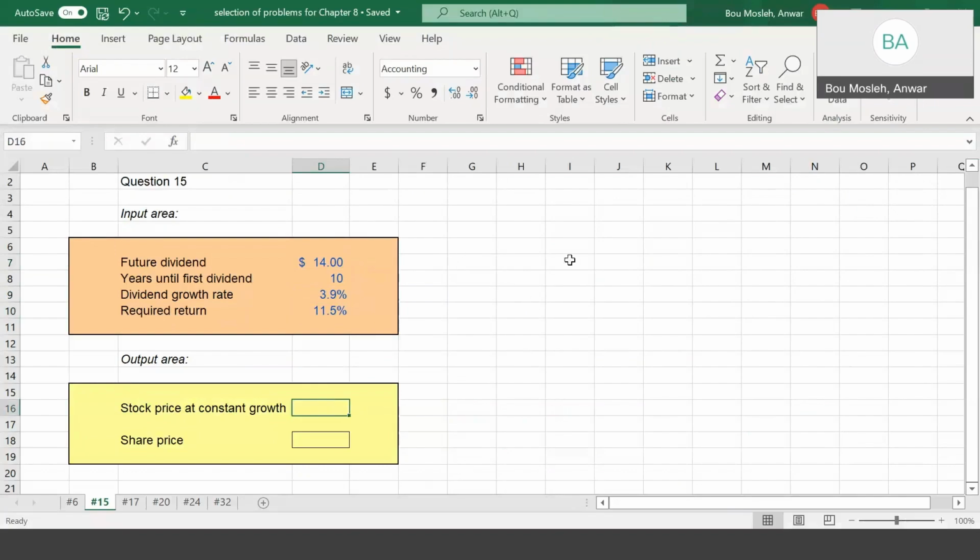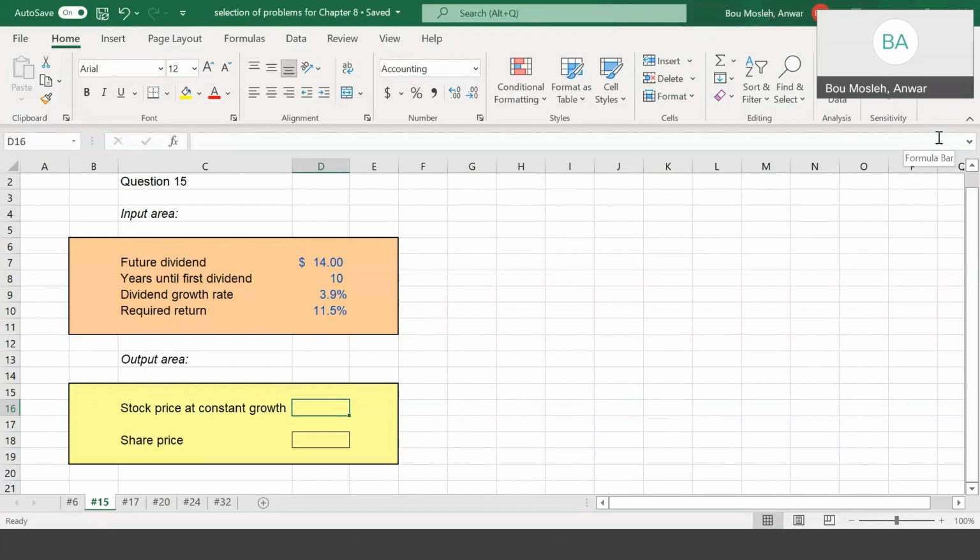Basically from 0 to 9, and 10 being the first dividends, this period of time, no dividends whatsoever. It's an abnormal period of time, so we have to deal with it separately. From 9, 10, and on, it's a constant growth model, right? Because it's a normal company paying dividends regularly, and their dividends growing at 3.9%.